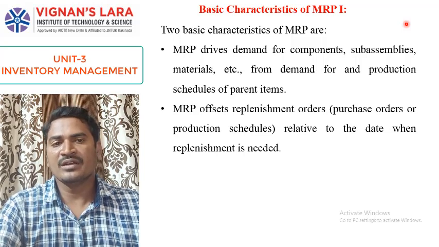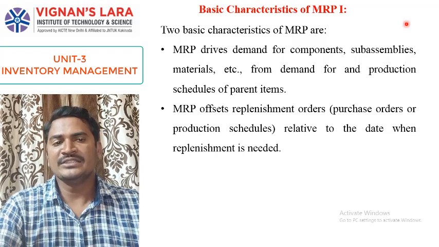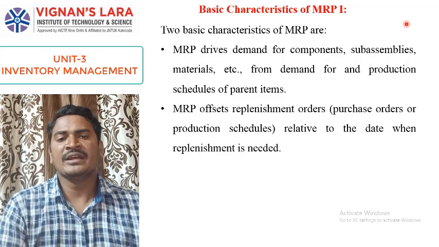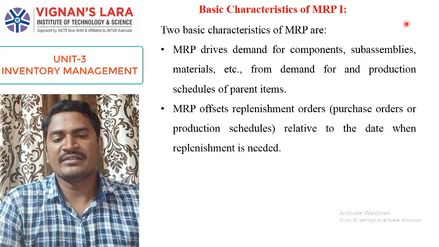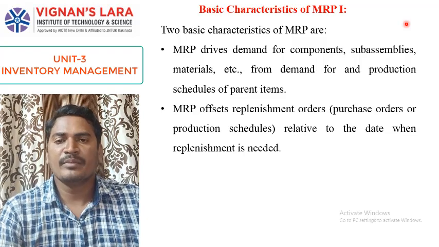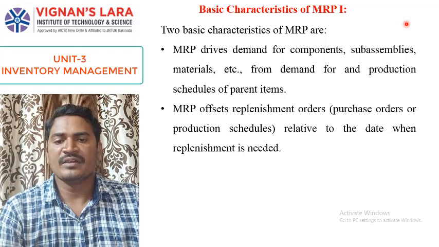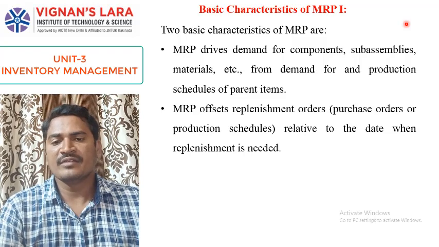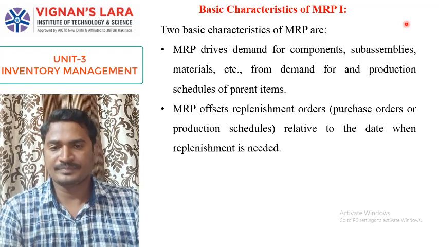Those are all sub-assemblies we prepare, and we assemble those things and get the final engine part. The material requirement planning also contains information about the raw materials and their specifications, derived from demand and production schedules of parent items.